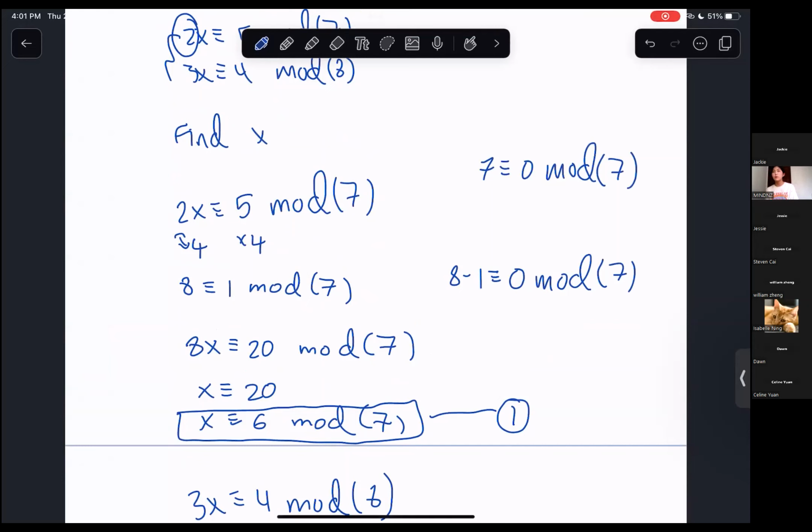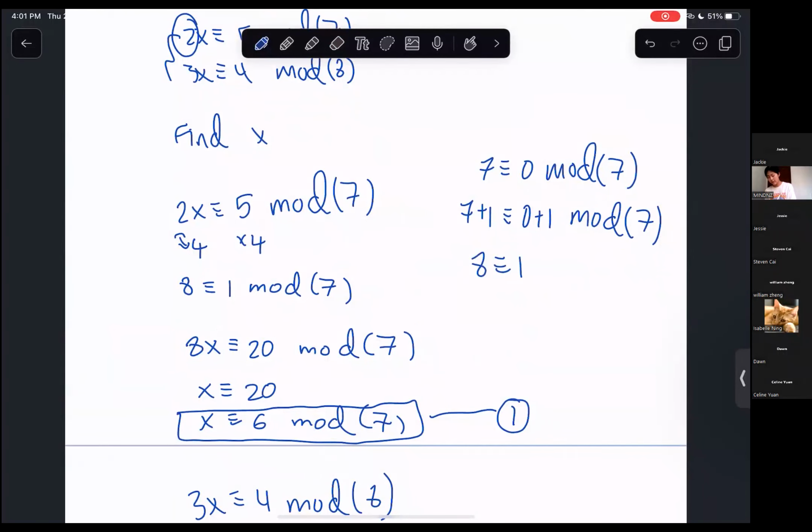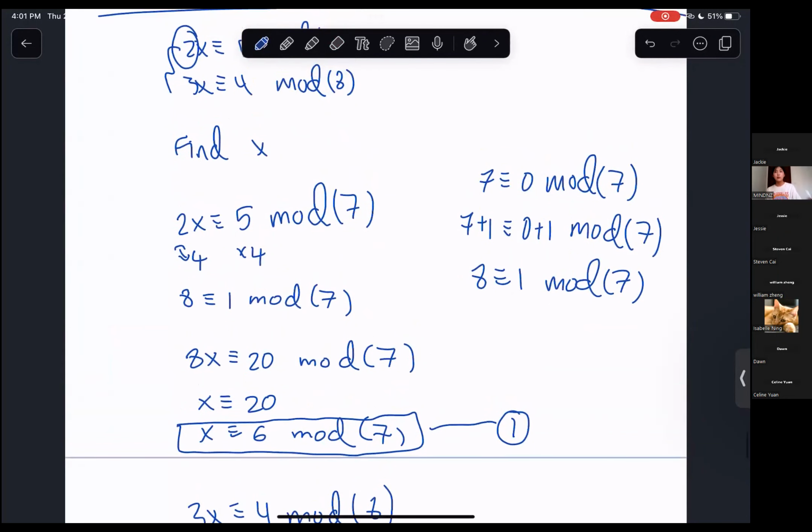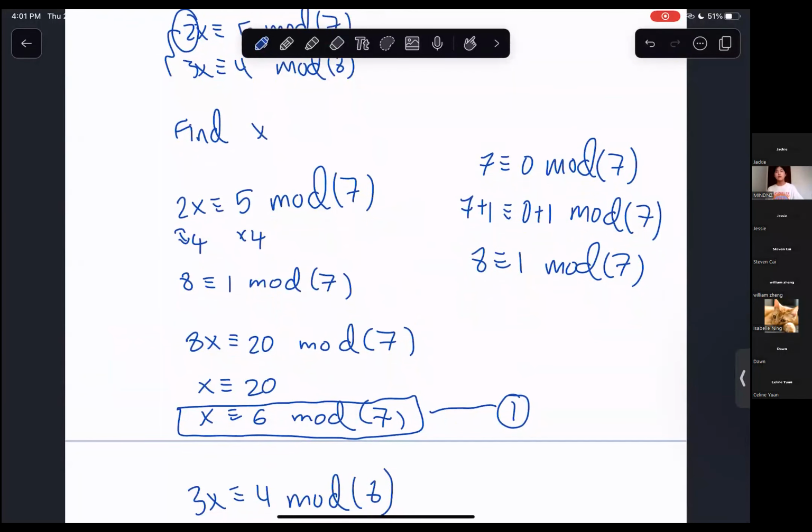Let's add 1 to both sides. Then this statement should also be true, and we get 8 congruent to 1 mod 7. So that's how you can think about it. Start with a multiple of 7, which is obviously going to be congruent to 0, and then add however much we need to it, and we still have the equivalence.